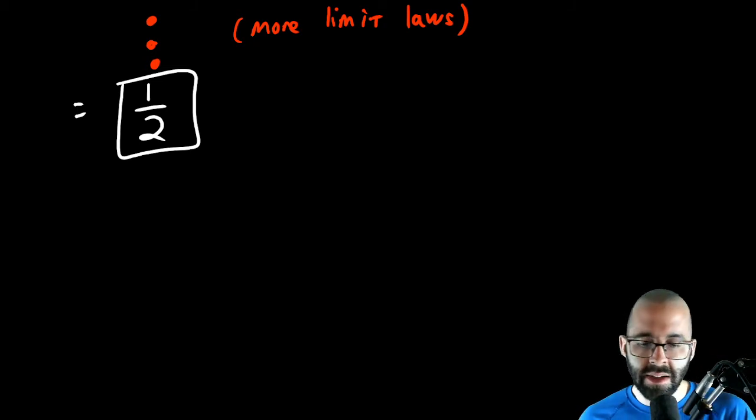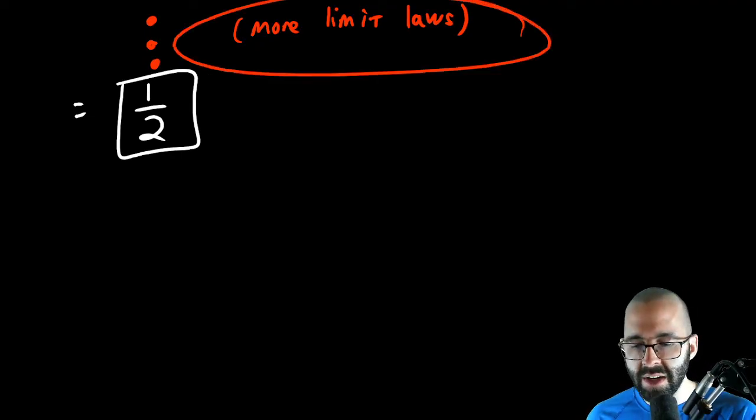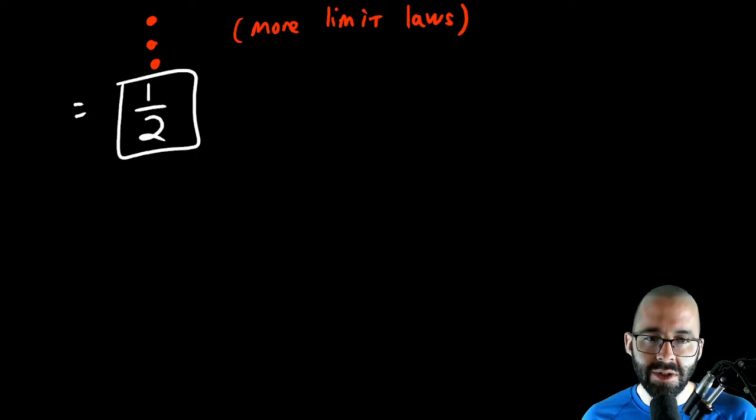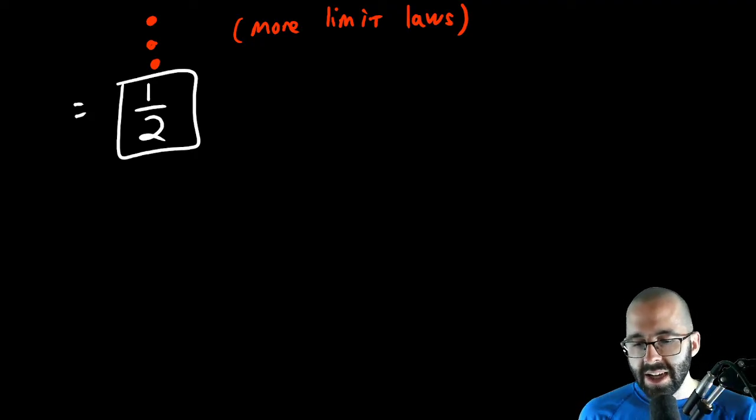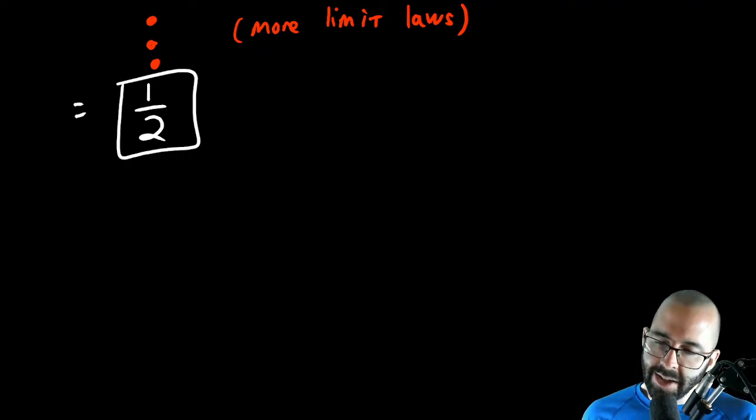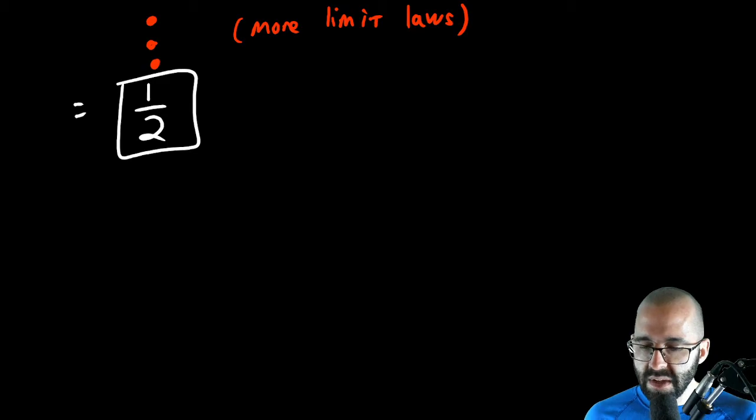I'm not going to have something like this pop up probably. Or if I do, I'll say you can use direct substitution even though we haven't proven it yet. All right. But that's the idea. I also do want to technically be correct. So I'm going to say, yes, technically we're supposed to use limit laws here. But I'm going to be restricting my use of limit laws for only a couple problems most likely.